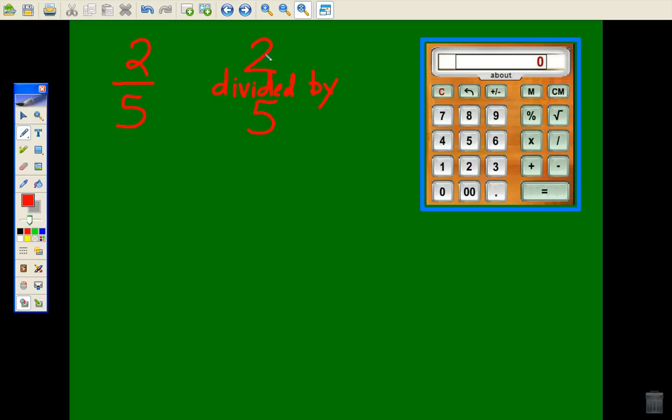I'm just replacing it so you can see. When I read a fraction, instead of saying 2/5, I know that it's 2 divided by 5. Another way to write that is just 2 divided by 5. So this represents the same thing. And if we were writing it in our traditional division way, we would say 2 divided by 5.